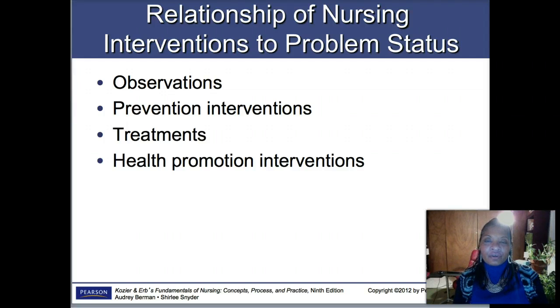Your relationship as a nurse in planning is that you want to observe and you want to prevent. You have different kinds of interventions that you can perform. You have interventions in which you're observing the patient. You're going to round on them or check on them every hour. You have prevention interventions. A patient's going to be ambulated every 2 hours, or you're going to turn the patient every 2 hours so that they don't get bed sores.